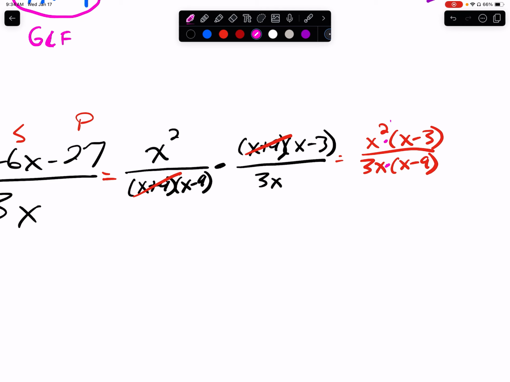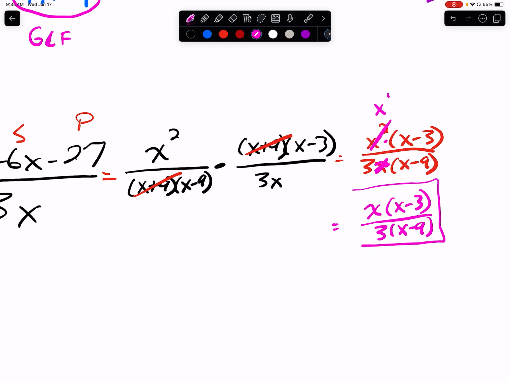Because I've got two x's, so I'm going to be left with x to the first, and I get rid of that bottom x. So our final solution here is going to be x times x minus 3 divided by 3 times x minus 9. And then we are simplified. You can either multiply out again or leave it just like that.